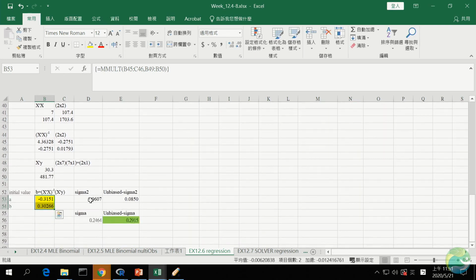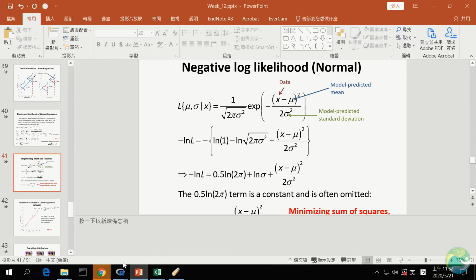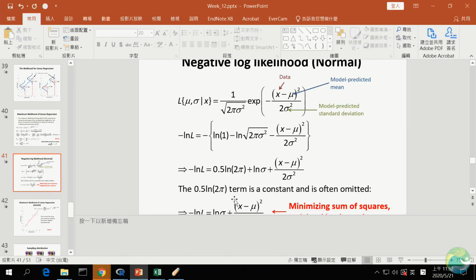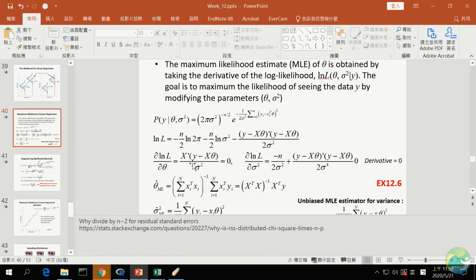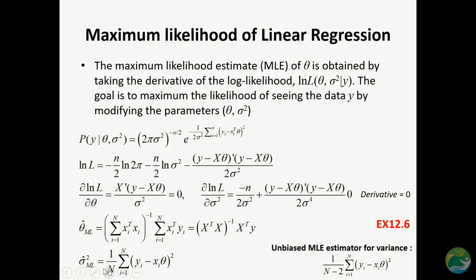Same, we can calculate sigma. So the sigma is what? Sigma is based on this definition, okay?